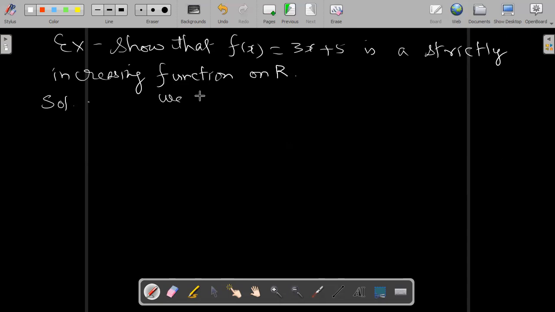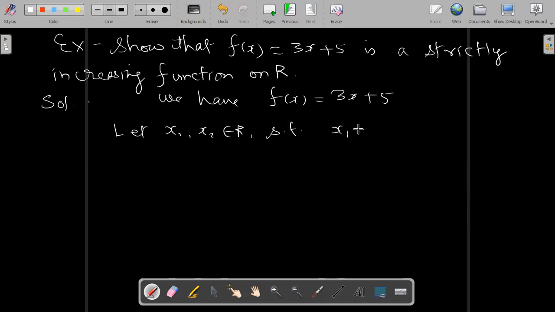So as we have seen in the previous example, we have been given the function f(x) = 3x + 5. Now we will take two points, let two real numbers x1 and x2 belong to R such that x1 is less than or equal to x2.